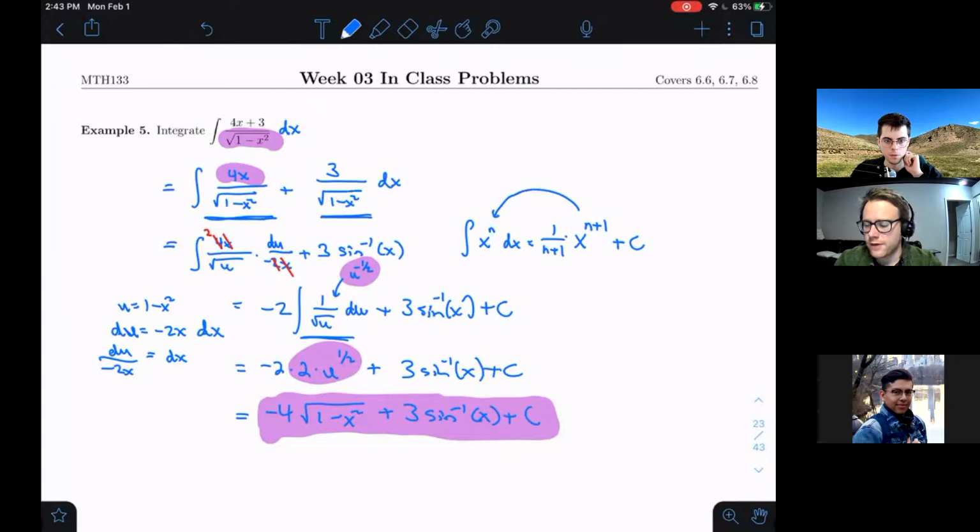Remember, a good rule of thumb for u substitution is allowing u to be an inside function. Letting u be inside of the square root, the 1 minus x squared, works out very well in this case. If you let it be the entire thing, the square root of 1 minus x squared, then your du becomes much more complicated and things don't cancel out so nicely. So you'll get stuck.